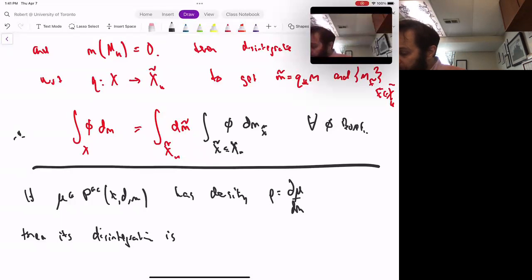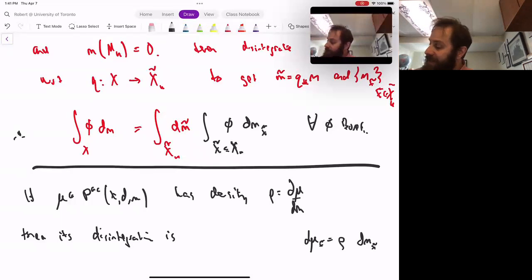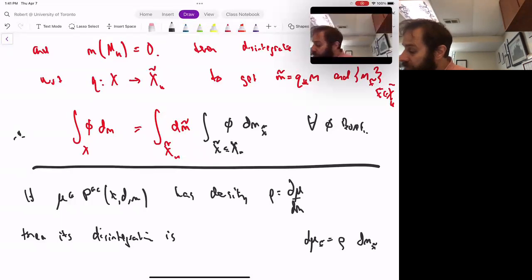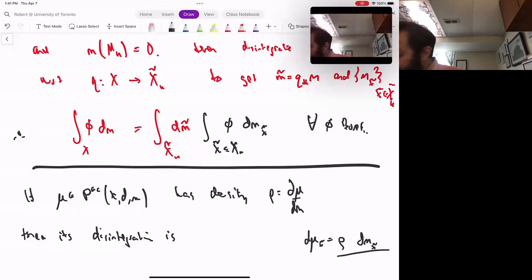So it is going to be given by mu sub x tilde, which is basically m sub x tilde, except you want to multiply by rho. And the problem is that that may not be a probability measure anymore, so you need to divide by a normalization constant. Let's call it z of x tilde.